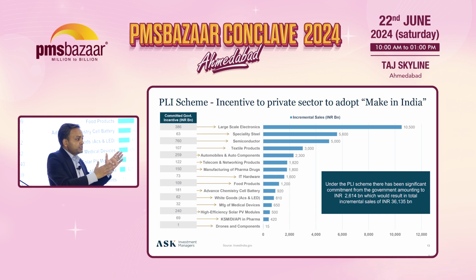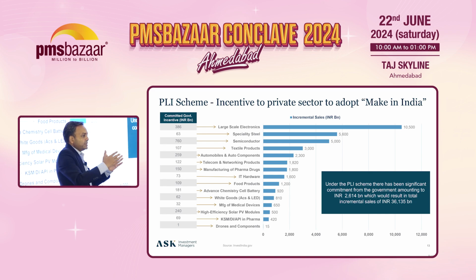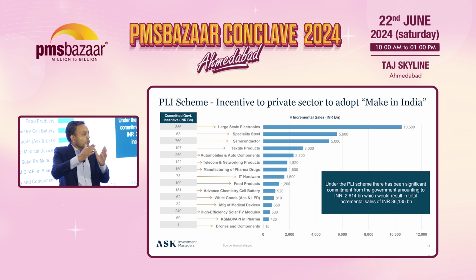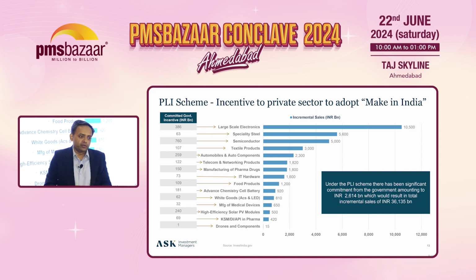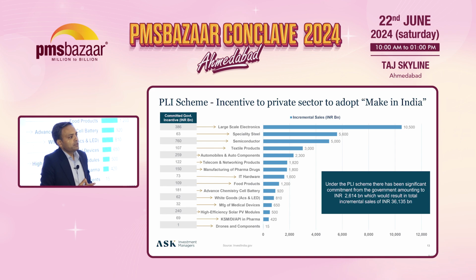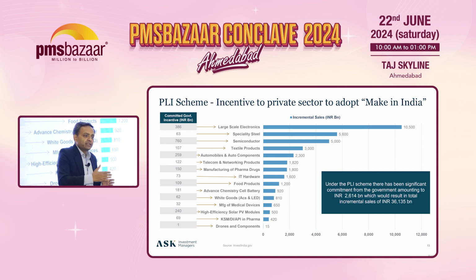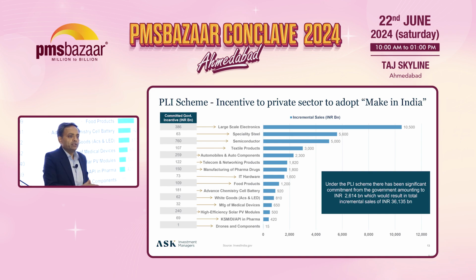So from 0% 6 years ago, that number is 12%, going to 25% in 2 years, and then maybe going towards 50%. The value addition is still low. It's not very high because it's largely an assembly kind of operation. Gradually with time, that value addition is going to increase.